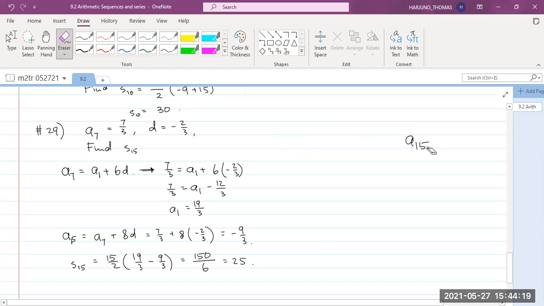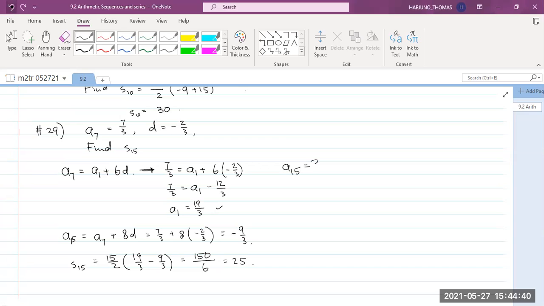Now, don't memorize what I do here. The idea is I need to find the first term. That's how we get it. And the 15th term. Now, how to find the 15th term? You actually have that. The 15th term is the first term plus 14 times the common difference, right?